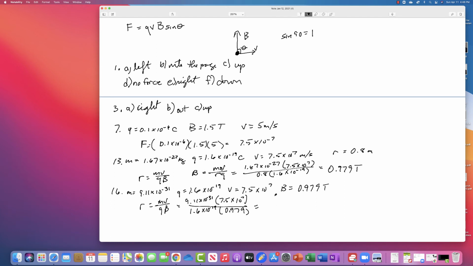If you do the math here, the radius of this circular path is going to be 4.37 times 10 to the minus 4 meters. So that's the path that that electron would take if in the same setting.